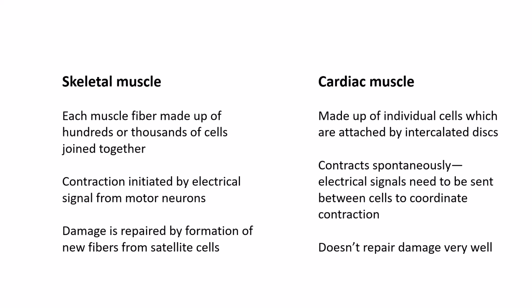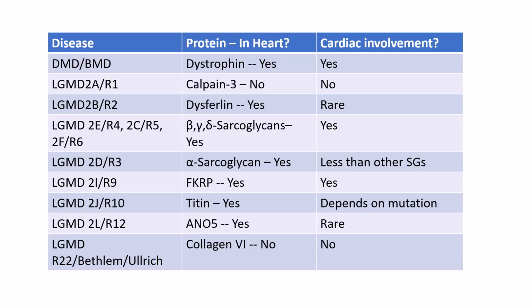There's a lot of signs that you see on a biopsy of new fibers being formed because the old fibers tend to be prone to damage. Now, cardiac muscle doesn't repair damage very well. You lose some cardiac muscle, you generally can't grow it back.